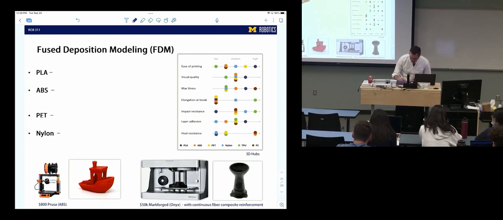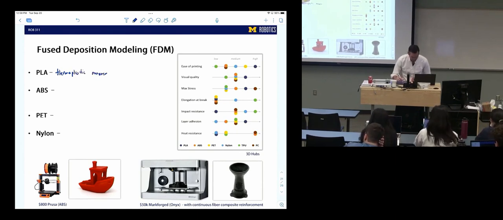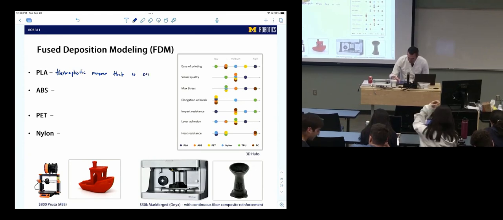PLA is a thermoplastic monomer. What's a thermoplastic? Is it plastic that can handle heat? Yes, and that changes material properties, and then when it cools, it changes back. It's a thermoplastic that is easy to print.